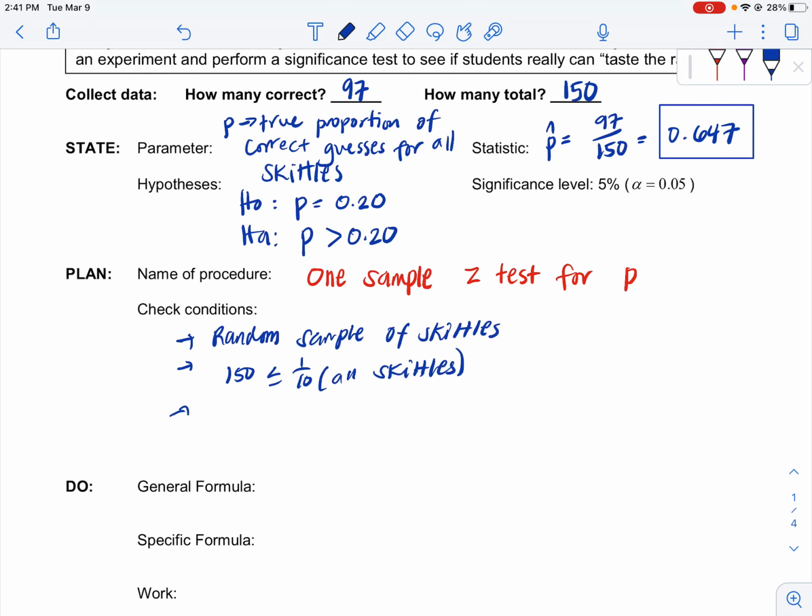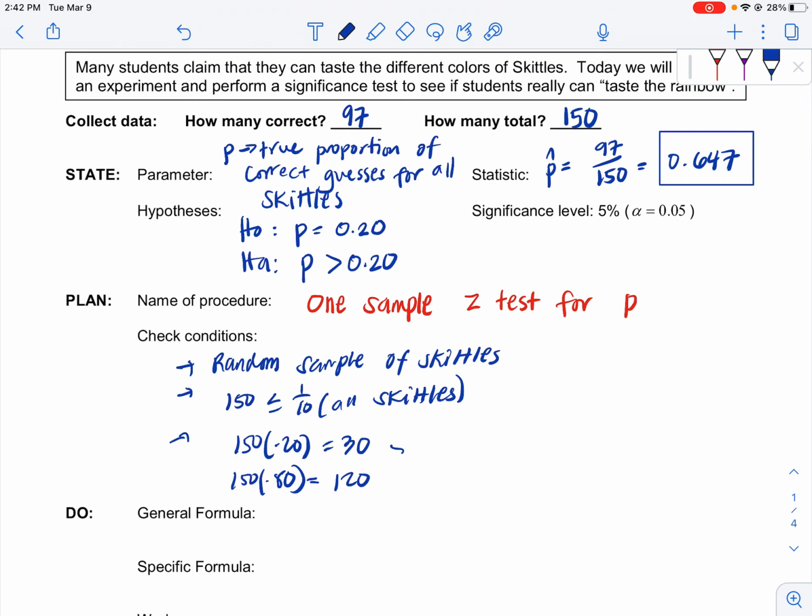Then we check np or large count. 150 times 0.20 is 30, and 150 times 0.80 is 120. Both of these are greater than or equal to 10.